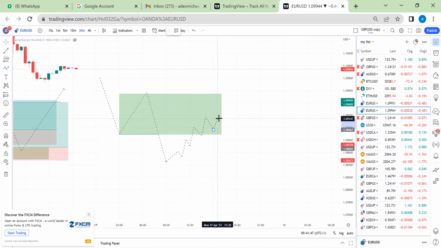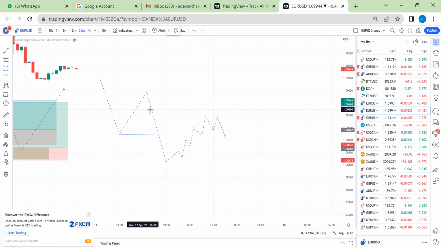Let's say we have an order block just below that, around this zone.